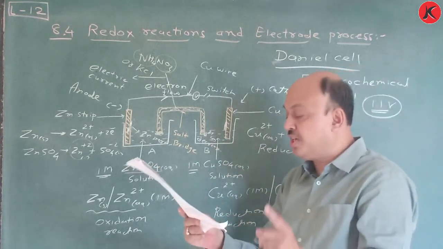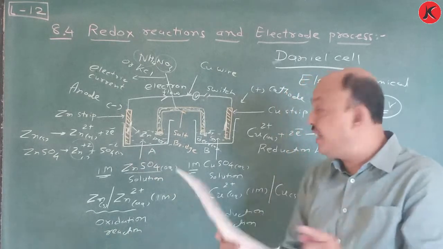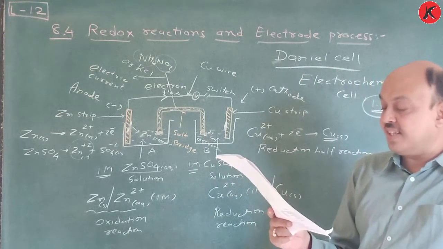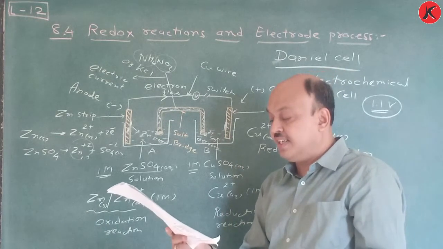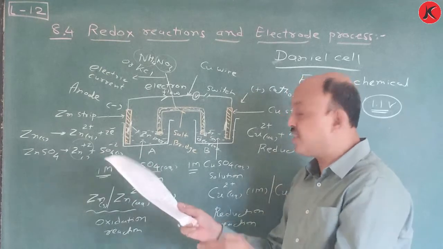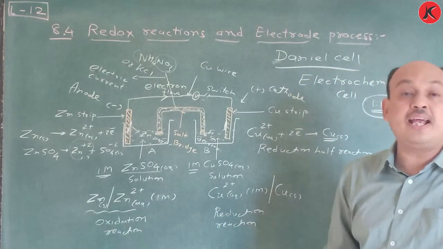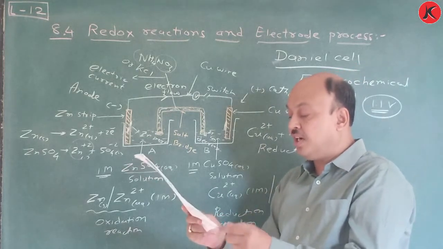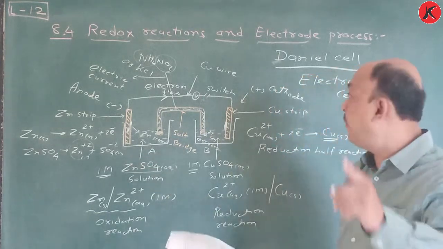If the concentration of each species taking part in the electrode reaction is unity, 1 molar, and if any gas appears in the electrode reactions, it is confined to 1 atmospheric pressure, and further the reaction is carried out at 298 Kelvin, then the potential of each electrode is said to be standard electrode potential.